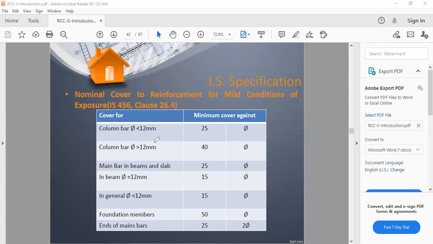Corrosion may take place, and in that case the strength of that particular reinforcement bar would decrease. So this cover is very important, all those covers. For a foundation, 50 mm should be the minimum cover.